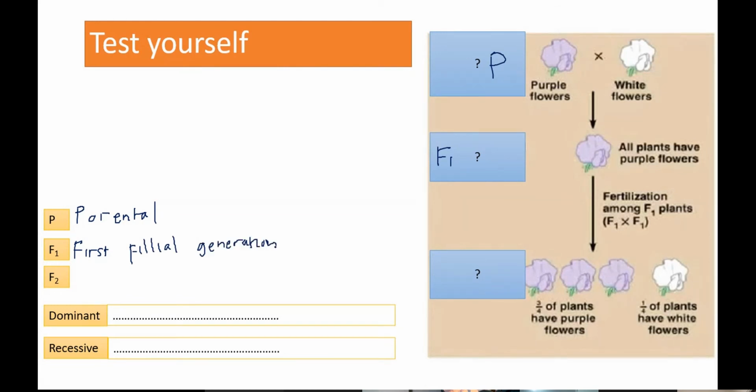How about F2? This is the last, right? F2 is the symbol of the second filial generation.